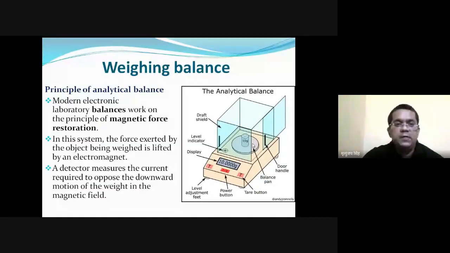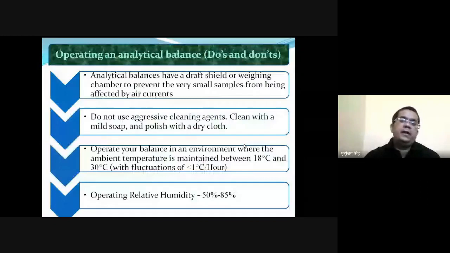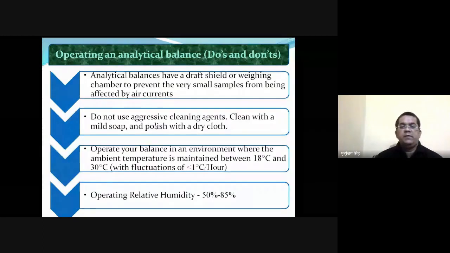Do not use aggressive cleaning agents on analytical balances. Clean with mild soap and polish with a dry cloth. If you use an aggressive cleaning agent, it can harm the pan and it may show wrong readings.